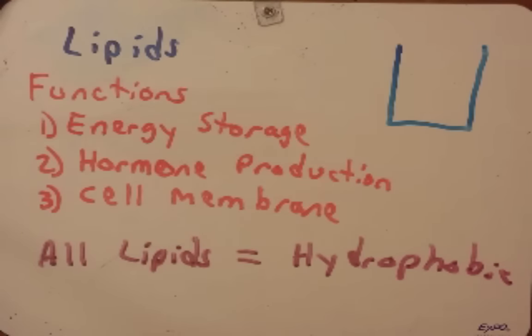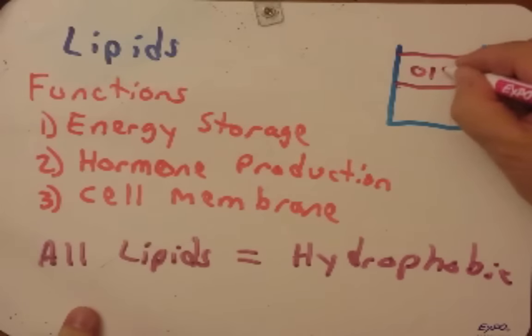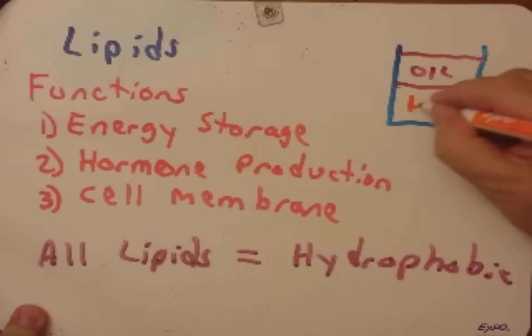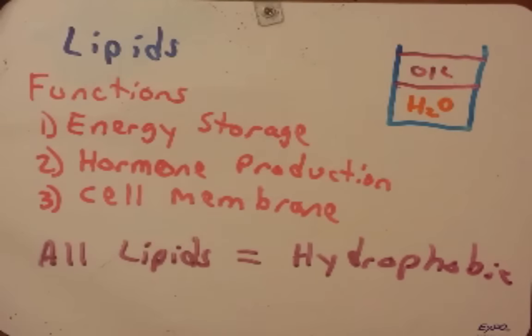Soon what you'll discover, after you let it settle, is that the oil comes to the top, whereas the water is on the bottom, because the two do not mix. They do not form a solution with each other. So they separate. And that's because lipids, including fats, are hydrophobic.